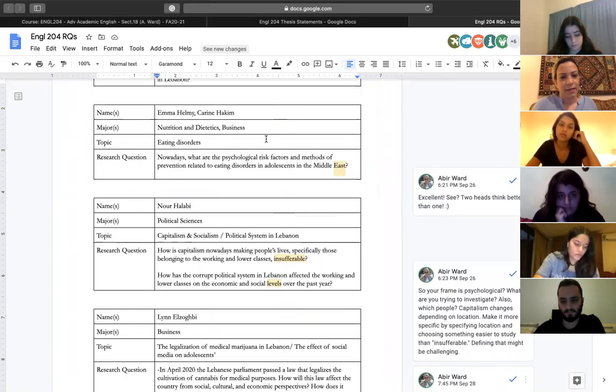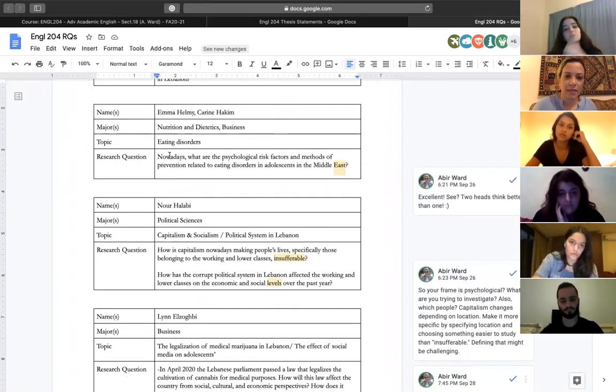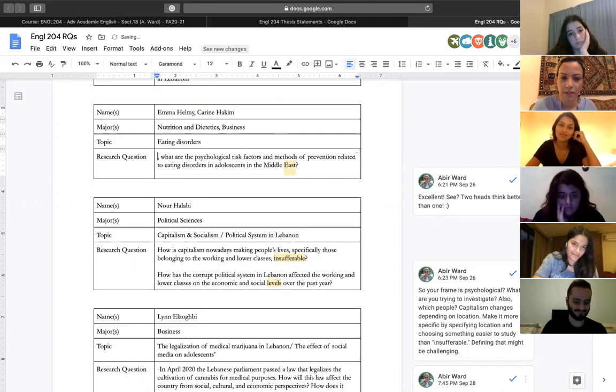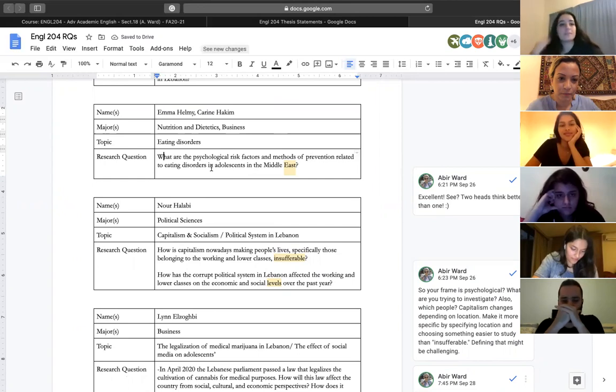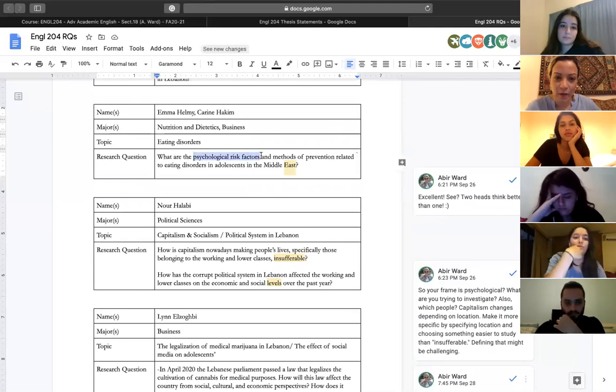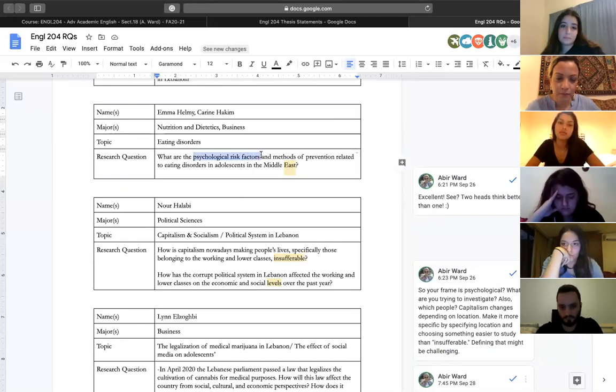Emma and Karine. Nowadays, I'm so tempted to just erase this. What are the psychological risk factors? Psychological risk factors alone is one paper.